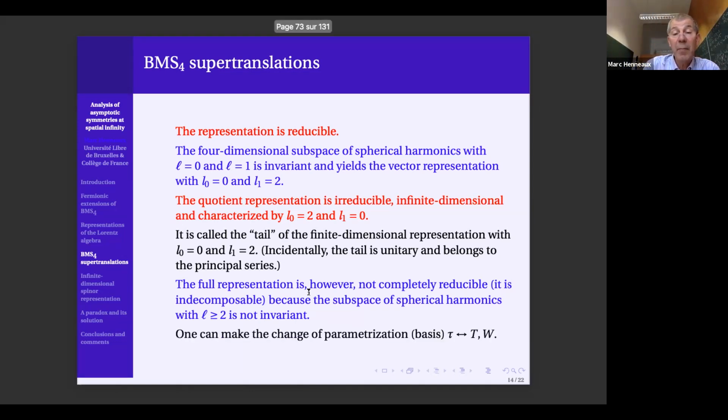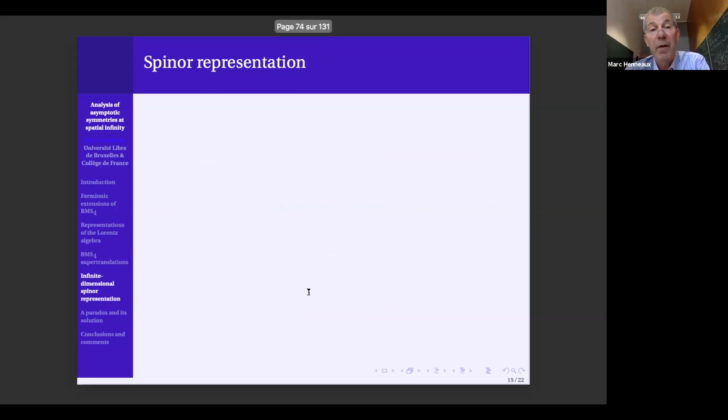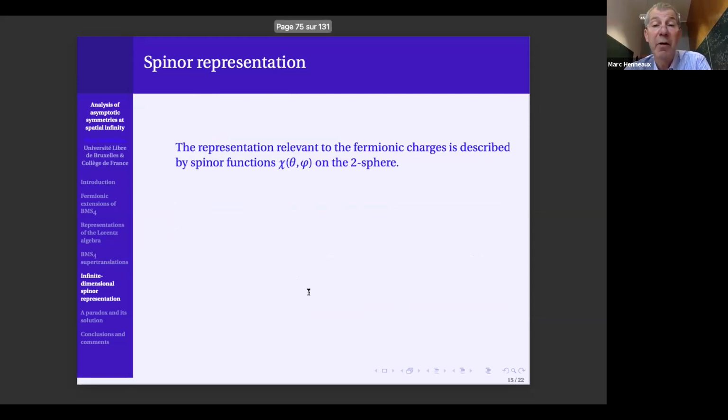As I said, compared with the Hamiltonian parametrization, where we had this T and W, T even, W odd, it's just a change of basis in the representation, but it's completely equivalent. Now, what about the spinor representation? This would be given by spinor functions on the two sphere, which actually are even. We will take them to be even.